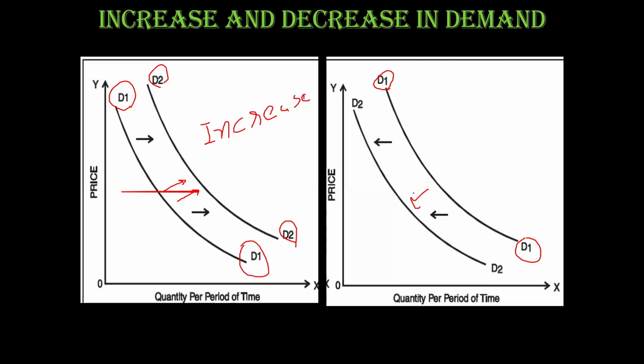When the demand curve shifts left side, this is decrease in demand. This is known as decrease in demand. So when demand decreases, demand curve shifts left side, and when demand increases, demand curve shifts right side. So right side shift, demand is increased; left side shift, demand is decreased.